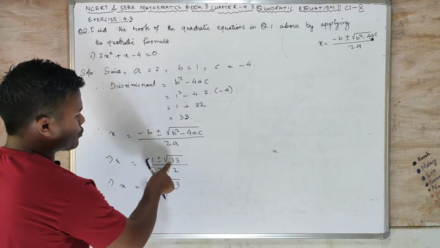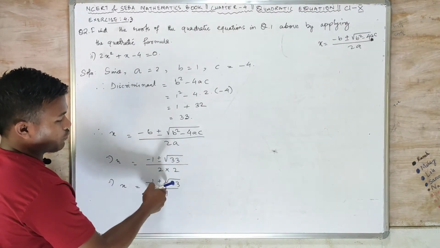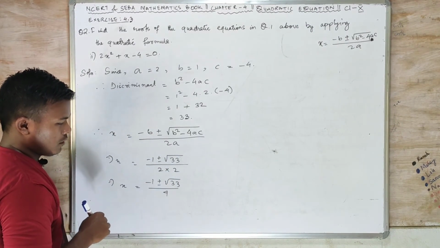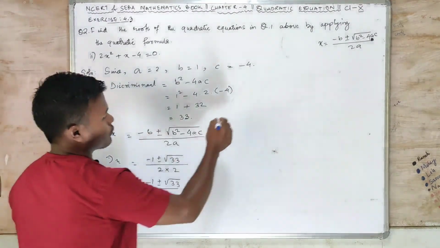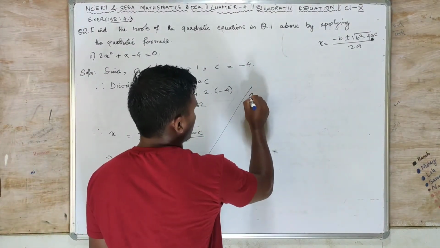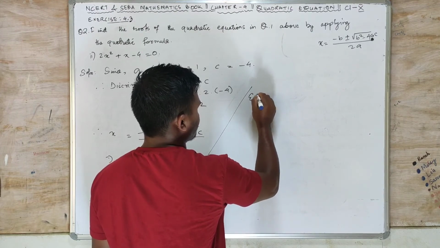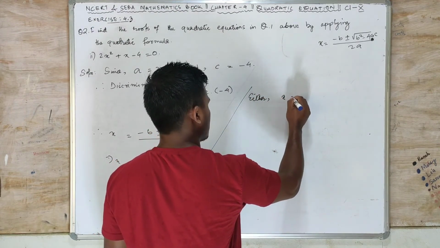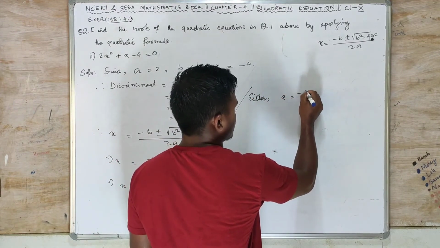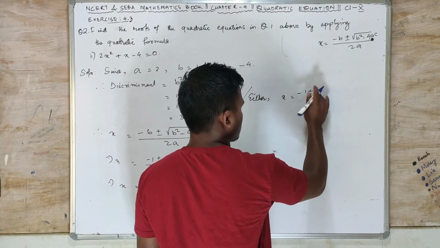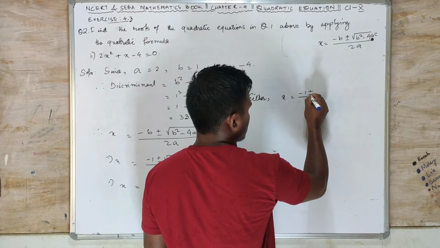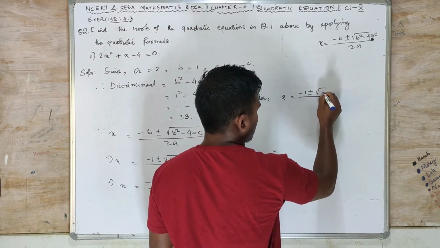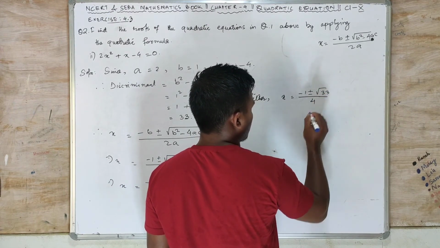Since this 33 is not a perfect square number, we can't reduce this square root, so we have to keep it as it is. So we have to go to either or. Either x is equal to minus 1 plus minus square root over 33 by 4.